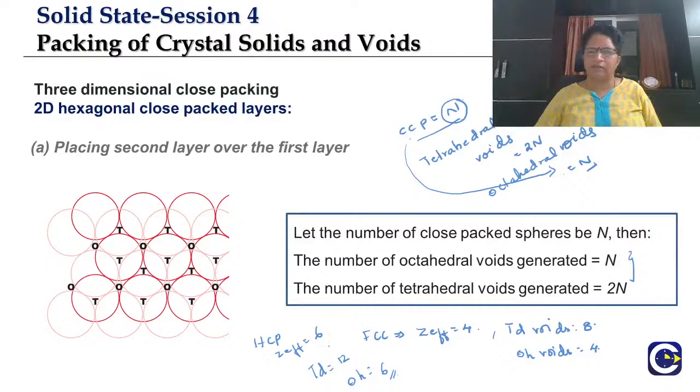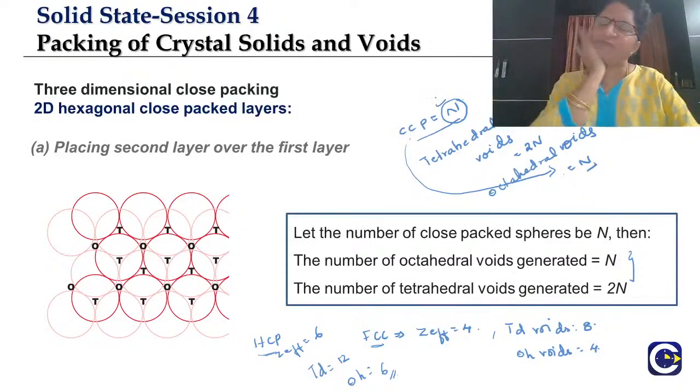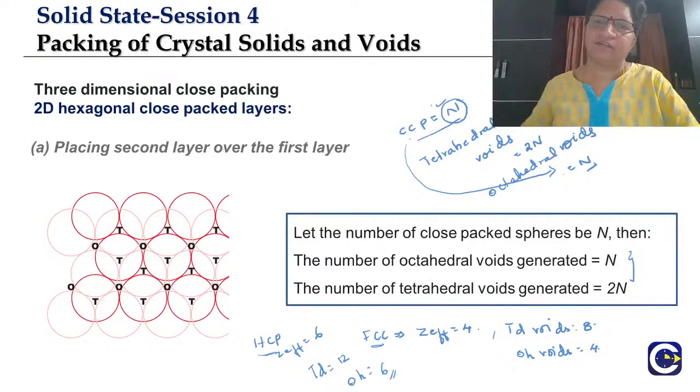So in general, instead of putting either FCC or HCP, we can directly put the number of close packed atoms.